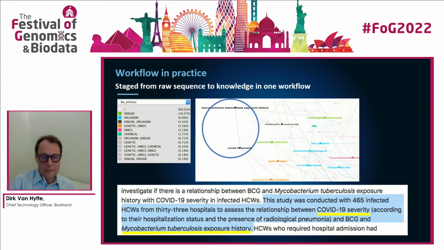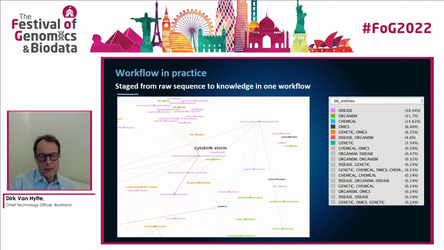And of course, there are many relations between the tuberculosis bacille and coronavirus, but here I've shown one sentence where the co-occurrence of these two terms is mentioned. So that's really looking at the proximity.